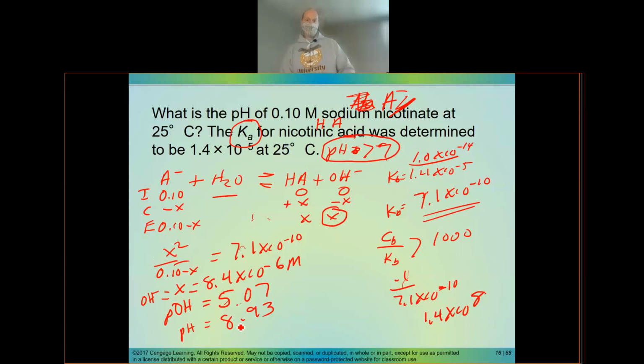So you could go to pOH, or you could know that your Kw is the concentration of OH minus times the concentration of H plus. And so to calculate your H plus concentration, you take 1 times 10 to the minus 14 and divide by the 8.4 times 10 to the minus 6.